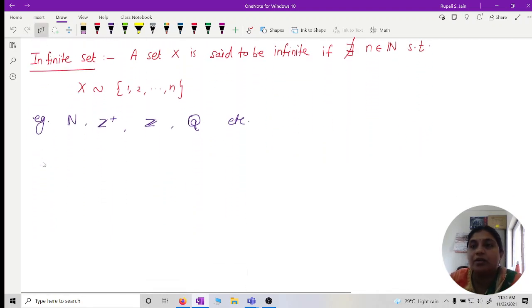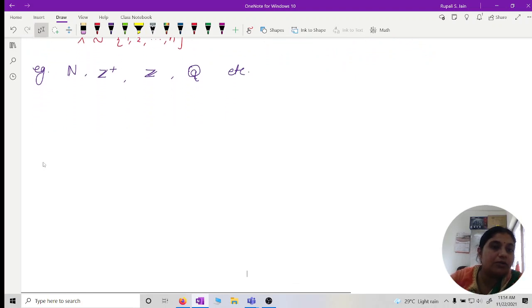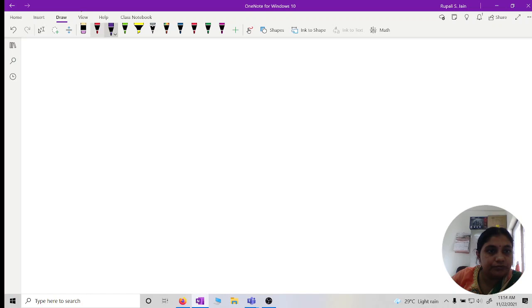Okay. So now, what is a countable set? When we say that a set is countable, when we can assign a number to each element.